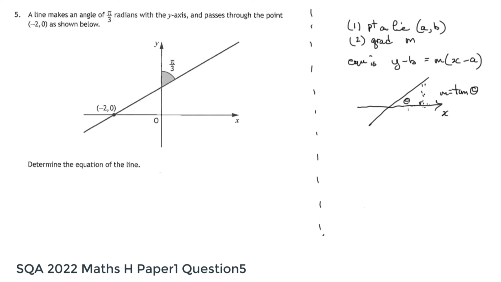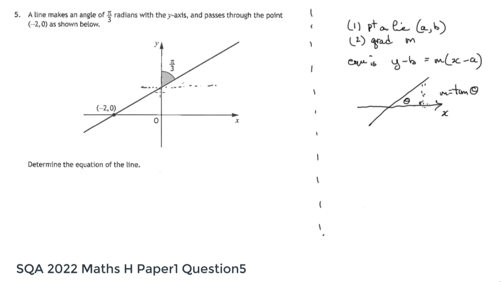Distance up divided by distance along, or rise over run, or however you've been taught about gradients. Opposite over adjacent will give you the gradient. So it's the tan of the angle that this makes with a line parallel to the x-axis. It's this angle in here.